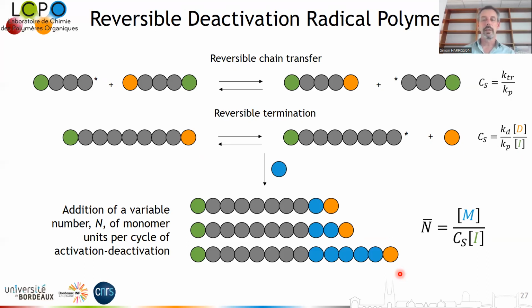And what controls the average number of monomers per cycle is really the rate at which the chains deactivate. So this is kd multiplied by the concentration of deactivator, or the rate of chain transfer in the case of a RAFT polymerization, reversible chain transfer polymerization.